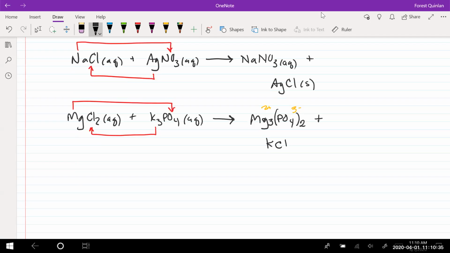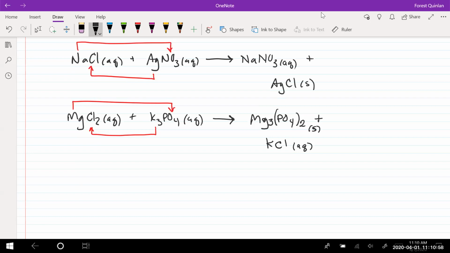Okay. Potassium and chloride, I will go ahead and just remind you it's a +1 and a -1. That is A-OK. The magnesium phosphate, I'm going to say that is my solid, and my potassium chloride is an aqueous for reasons that we will see in a couple of Mondays.